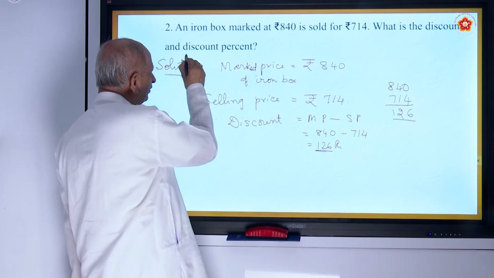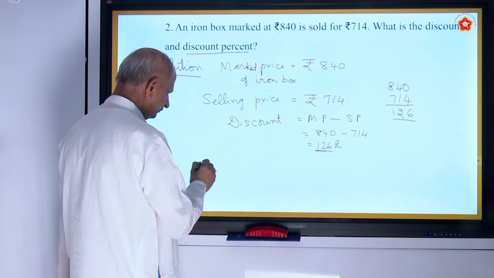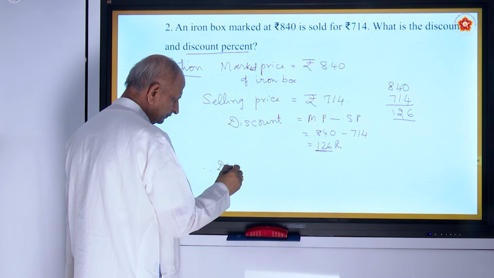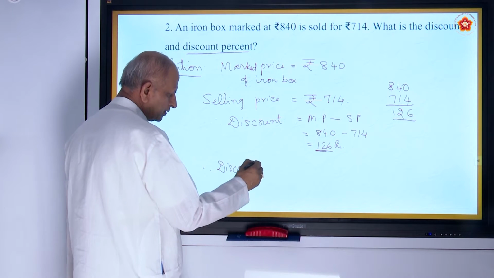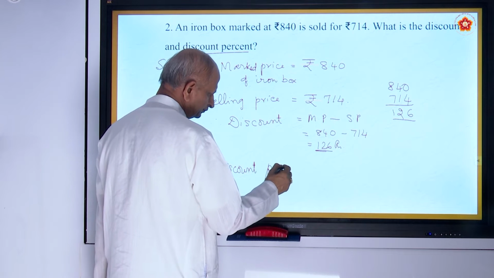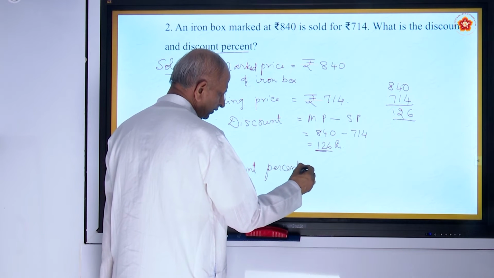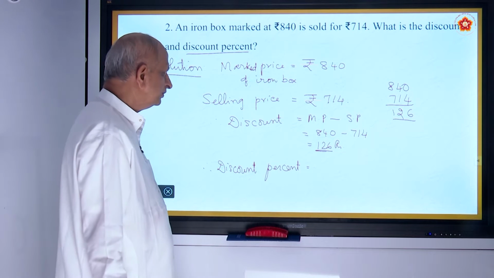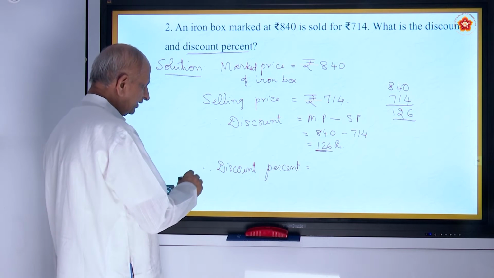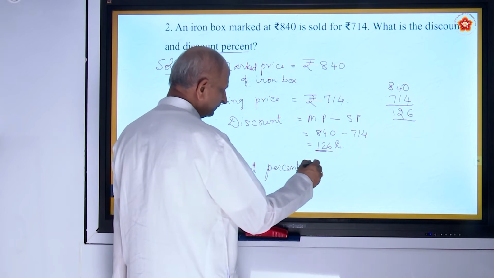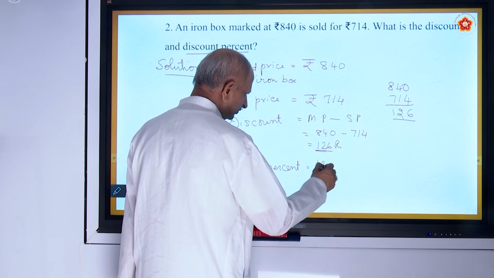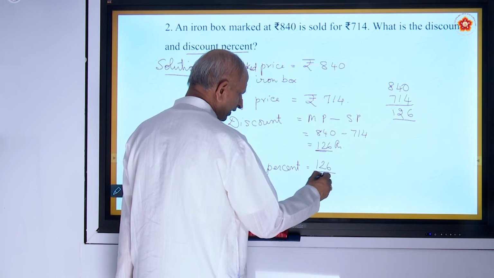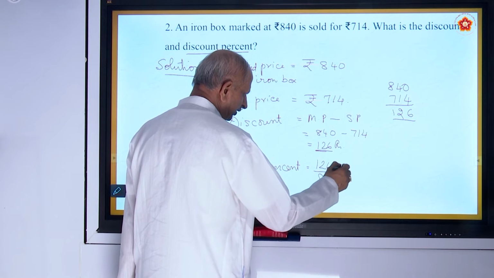Also, you are asked to find the percentage. Therefore, discount percent. Percent means what? For 100, is it not? So, it is calculated on the market price. So, discount 126 rupees over the market price 840, into 100.